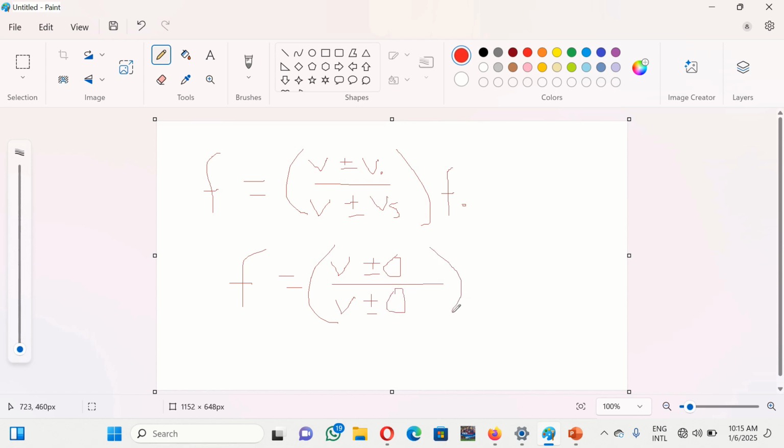And then we have our F naught. Now, if this is 0 and this is 0, it means we can still have the formula in this form.